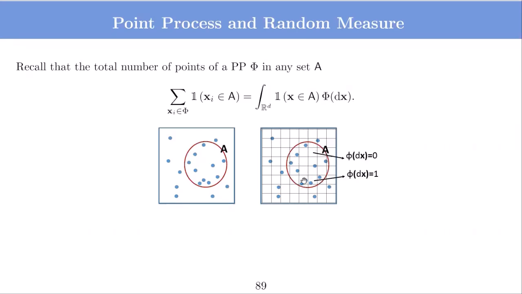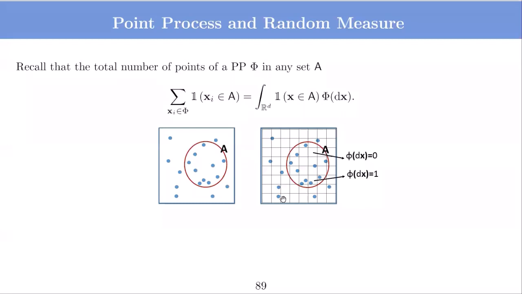Like this has 1 point, this has 2 points, like this. So phi(dx) is the number of points in this small set, which is 0. Phi(dx) in this set is 1. If I add over all those intervals, I also get the total number of points in A. So these two are the same. Here it's a summation because they are a fixed countable number of points. Here this is an integration because these intervals are uncountable.